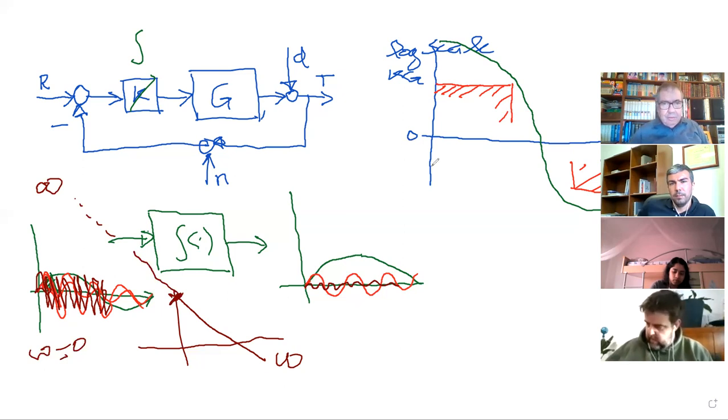Then this curve depends on K, which is the integrator, and G, which is the system. Okay? Now, this is the qualitative picture, but how can we make computations in an effective way? Any questions before we go on?